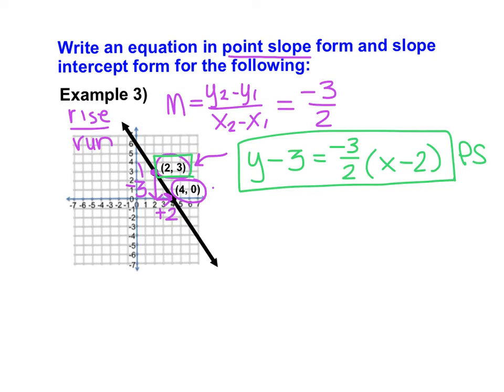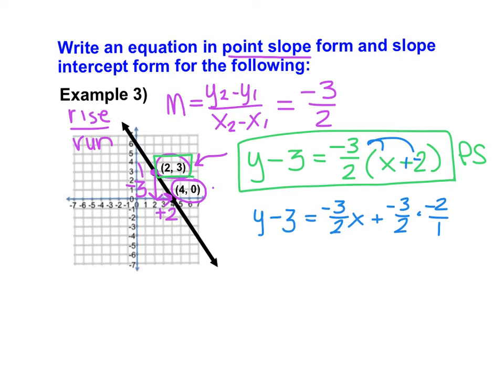Then from here, we need to rewrite this into slope-intercept form. In order to do that, we're going to distribute. So here, I'm going to utilize some keep, change just so I don't make a sign error. So I'm going to do y minus 3 is equal to negative 3 halves x, and then I'm going to use keep, change here, so I can see I have plus negative 3 over 2 times negative 2 over 1.